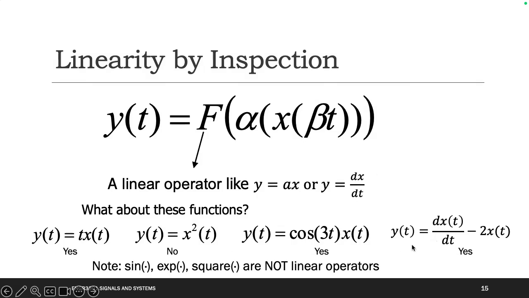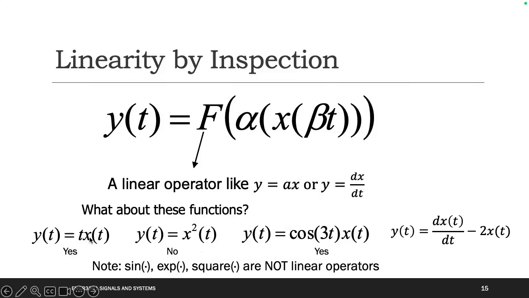Let's try to observe. You can see if your operator deals with your input, how it changes your input, as a nonlinear.